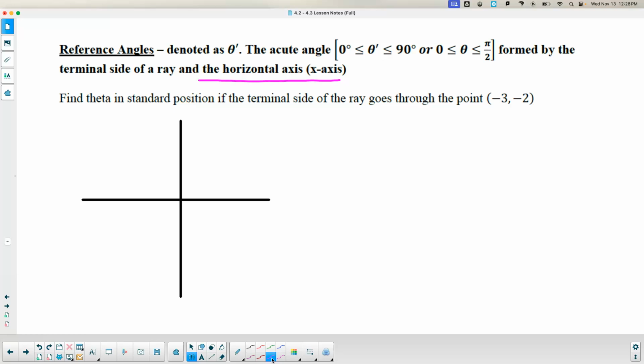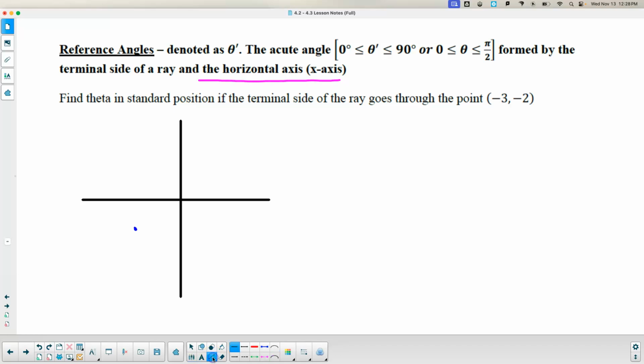standard position, our reference angle is going to come off of the horizontal. So what we mean by that is, find theta in standard position if the terminal side of the ray goes through the point -3, -2. Well, the point -3, -2 is over to the left and down, correct?